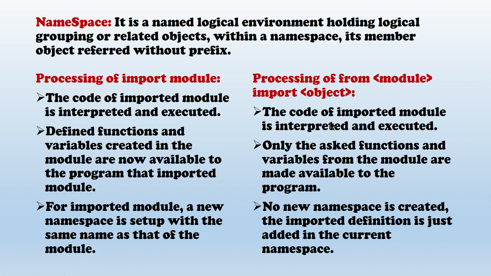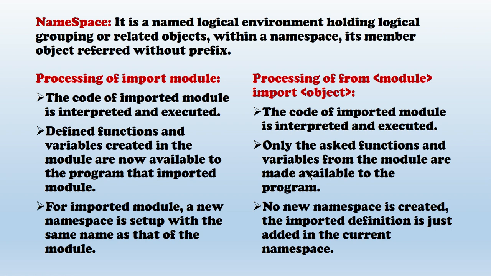Whereas when you import selected objects, it is the same here: the code of the imported module is interpreted and executed. Only the asked functions and variables from the module are made available to the program. Here it is not creating a new space; instead, they are made available to you directly.